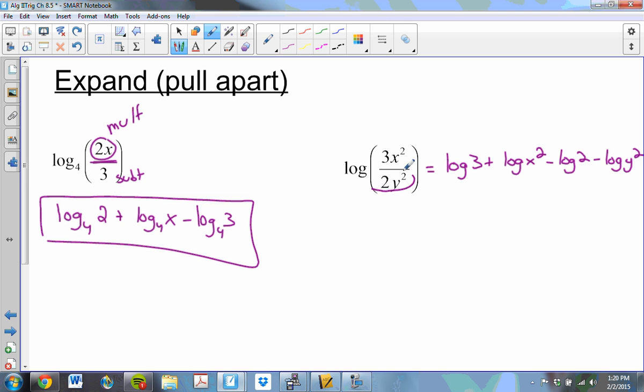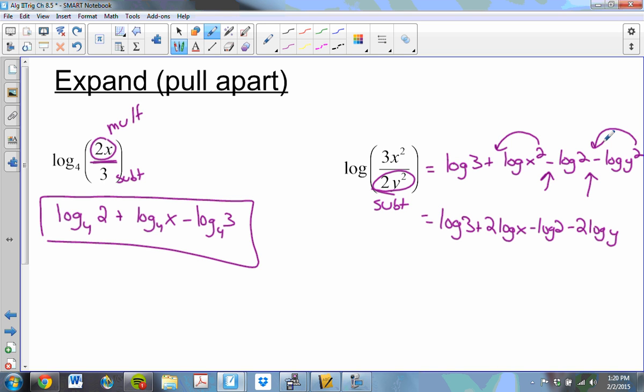Because everything on the bottom is really subtraction. It's division. Division becomes subtraction. So I had to subtract both the log 2 and the log of y squared. Then my powers come out in front. I have log 3 plus 2 log x minus log of 2 minus 2 times the log of y.